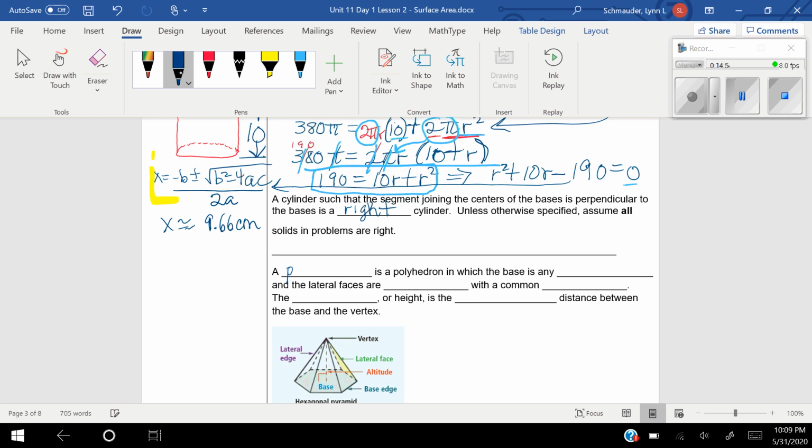Okay, let's move on to pyramids. A pyramid is a polyhedron in which the base is any regular polygon and the lateral faces are all triangles with a common vertex.